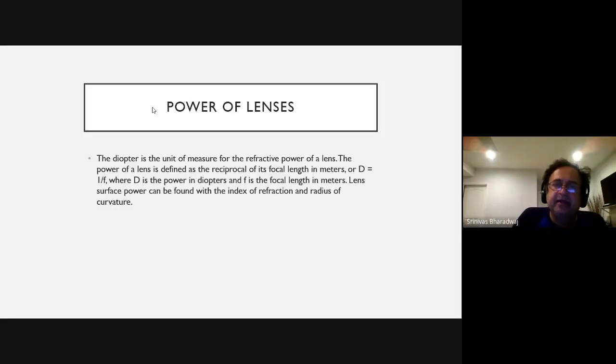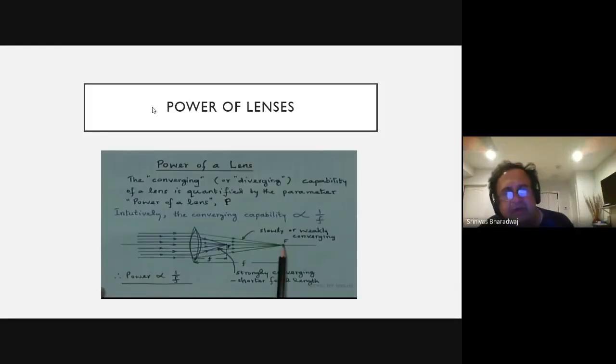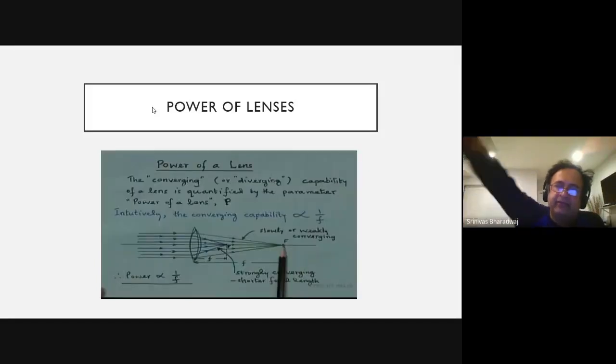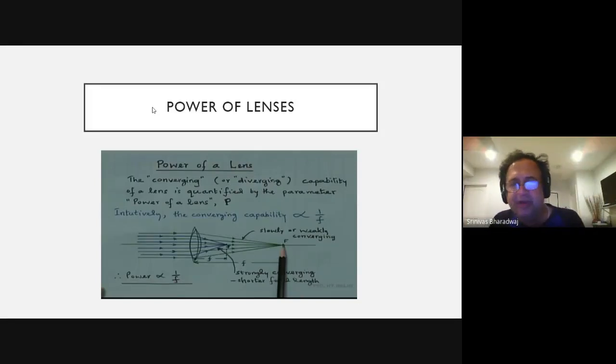The lens surface power can be found with the refractive index. So power in diopters is proportional to 1 over f, where f is the focal length: 1 by v minus 1 by u equals 1 by f.